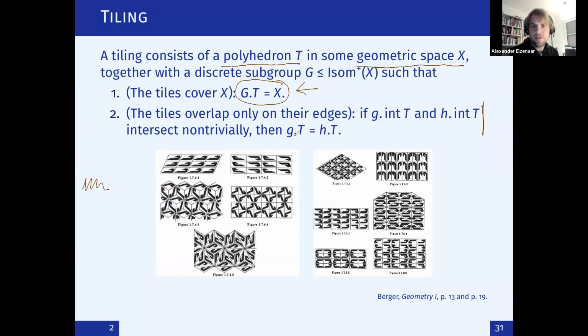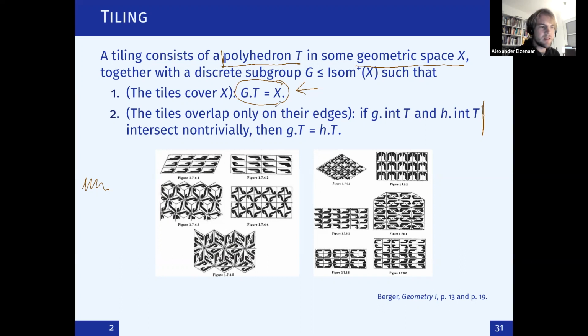We'll see some examples. But I don't want to get into technicalities about whether they have to have open interior or whether the boundary has to be linear. I really just want you to think of some subset which is being mapped around by a group so that it covers some subset of a geometric space in an isometric way.